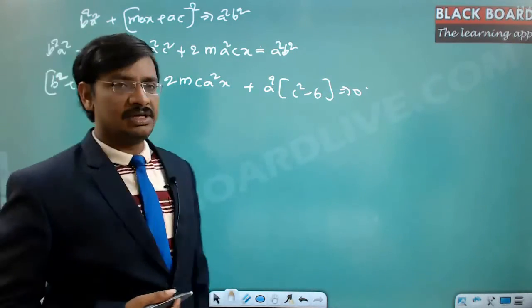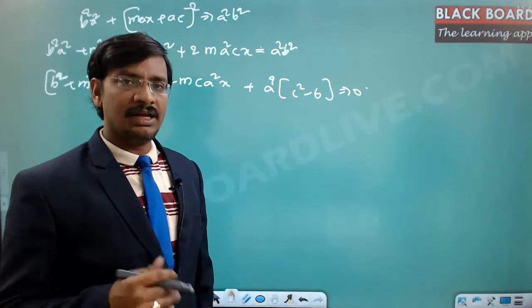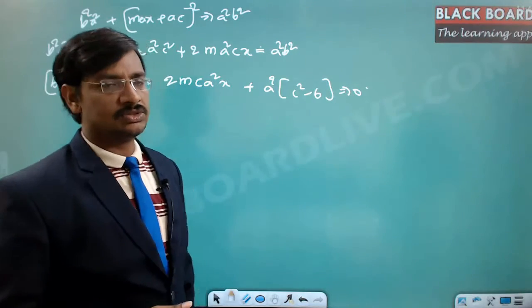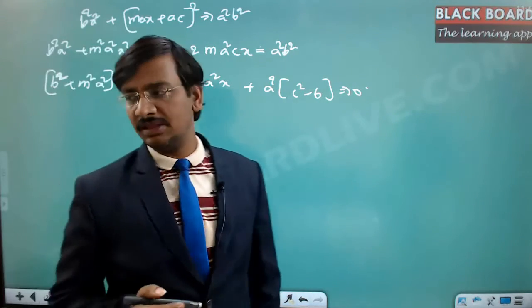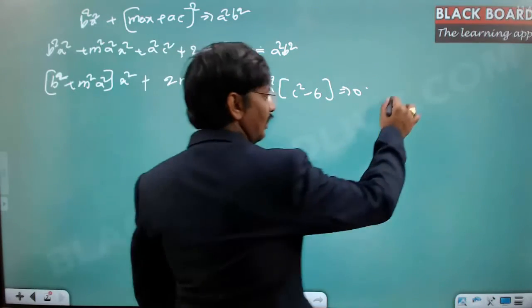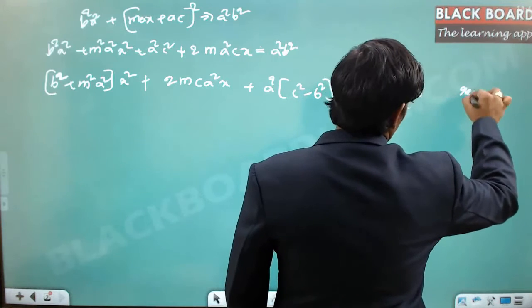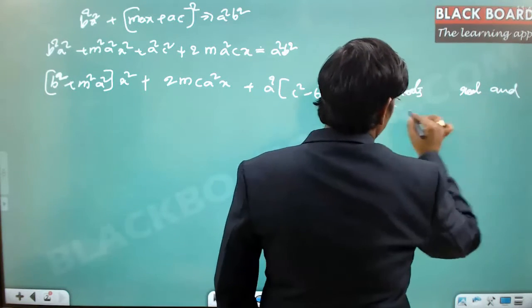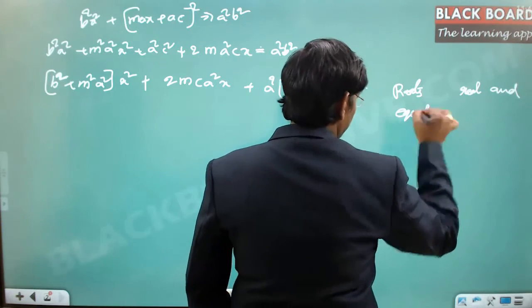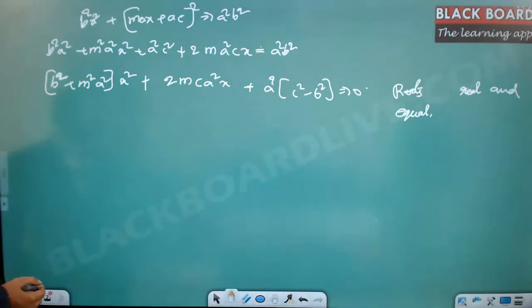After solving it, the roots can be real and equal, real and unequal, or complex conjugates. So there are 3 different cases, and the tangent condition is when the roots are real and equal.